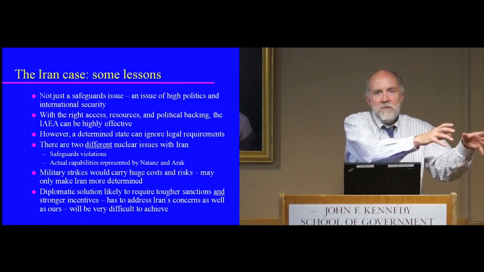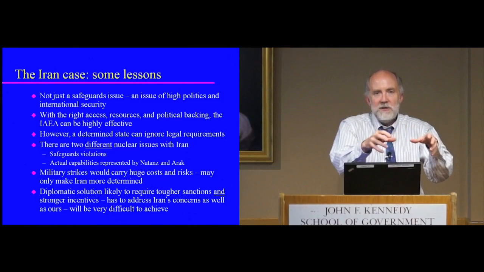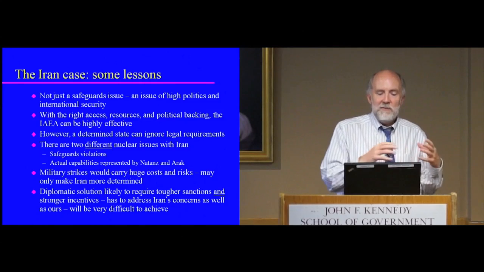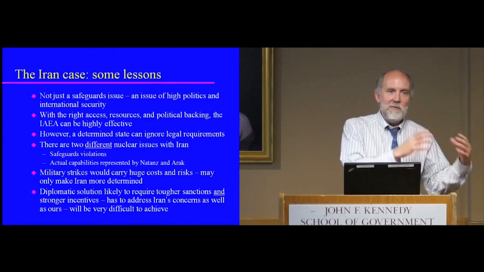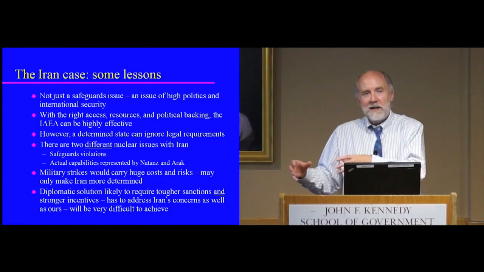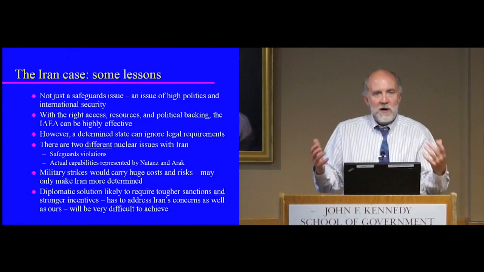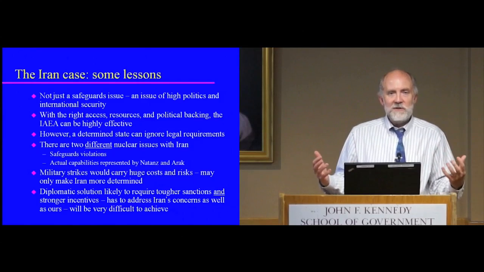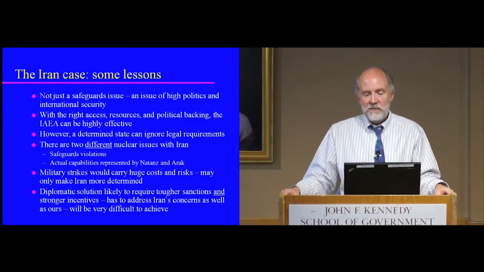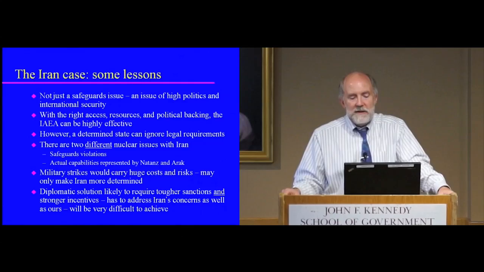Are they complying with or violating their safeguards obligations or their non-proliferation treaty obligations? And there's an issue of capability. Do they have capabilities for enrichment at Natanz or for plutonium production at Arak that raise doubts and would offer a rapid option for building nuclear weapons?